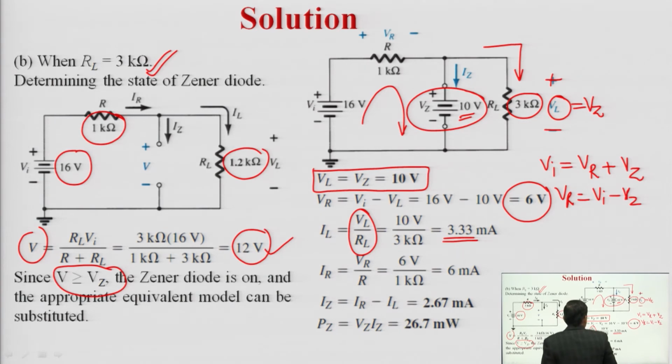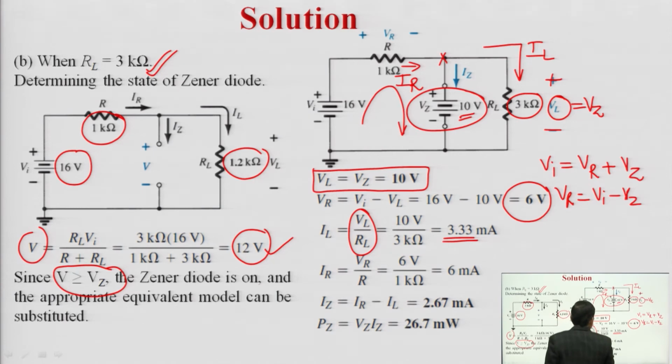Now, the next thing, if you want to find out the current through this series resistance R, we can apply KCL at this particular node, which says that IR equals IZ plus IL, because incoming current equals outgoing current.